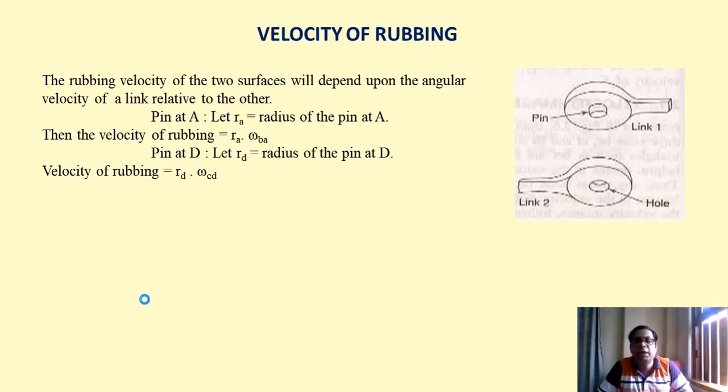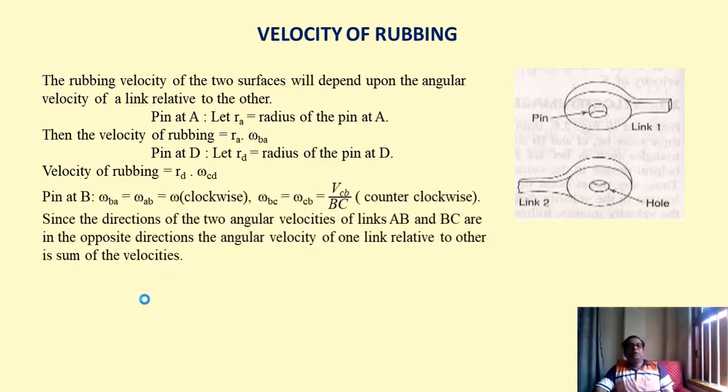For example, over here, if you look at the right hand side, for pin A, let RA be the radius of A, and the velocity of rubbing should be equal to RA into omega BA. For pin D, that is the second pin, let RD equal the radius of the pin at D.